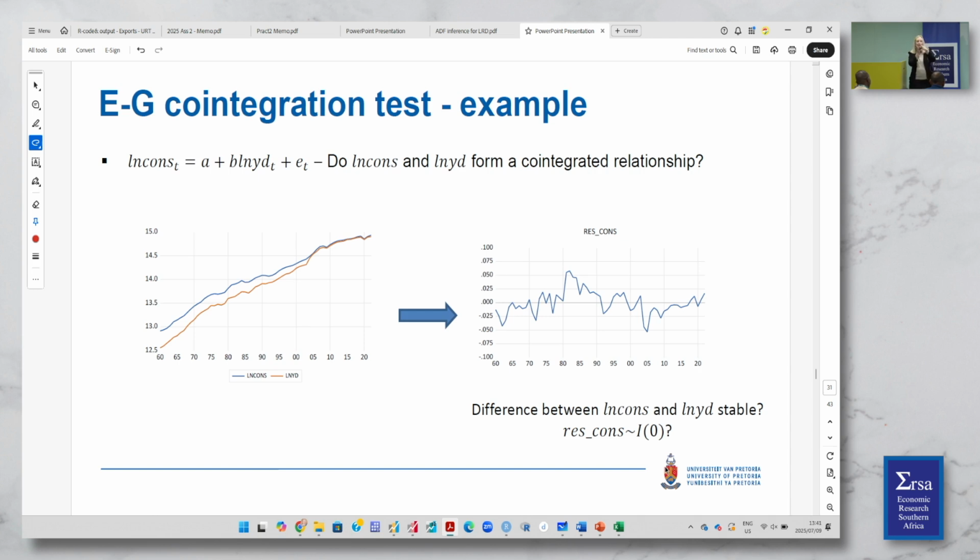Because we said they should move together and that distance should remain fairly constant, and now it moves closer together. And also consumption is above income. That almost feels wrong. On a national level, can we consume more than is registered as income? And the national accounts do make provision for the informal sector.